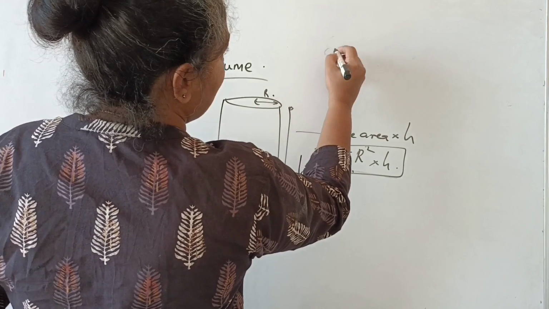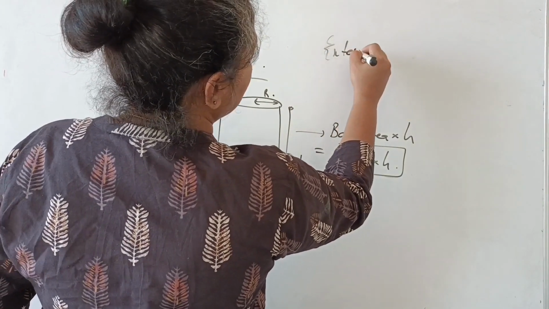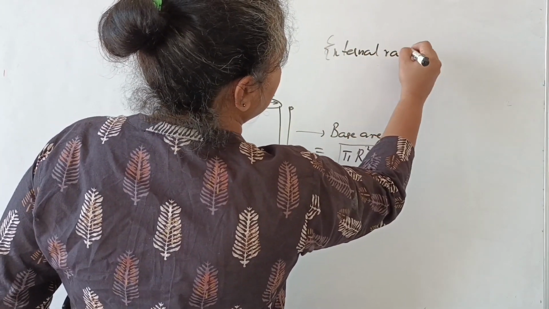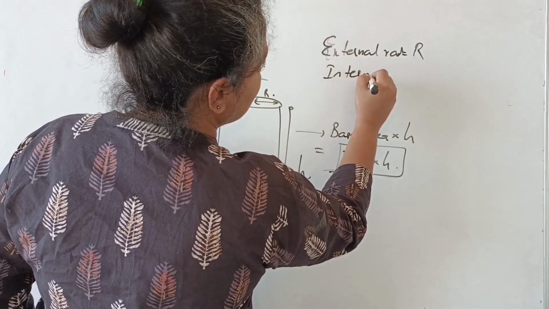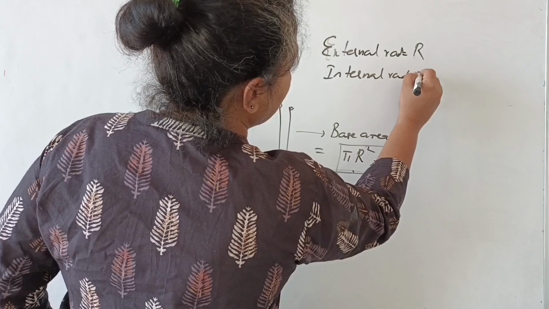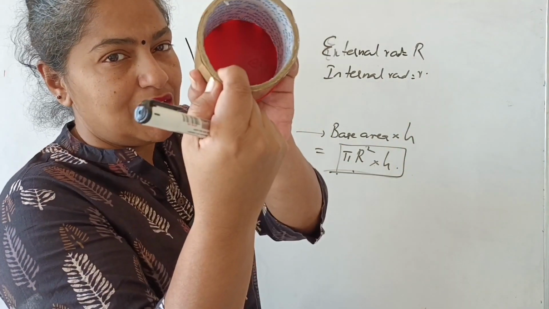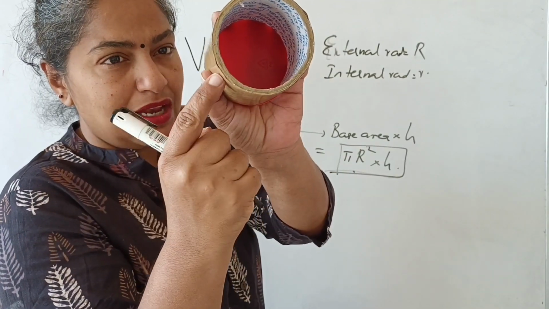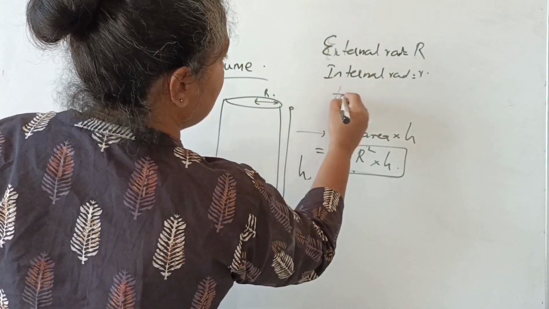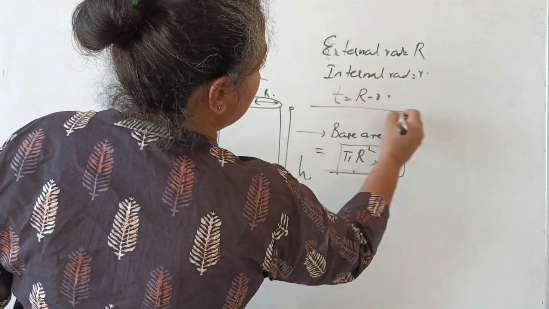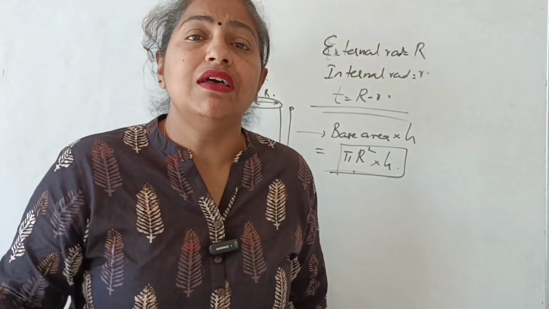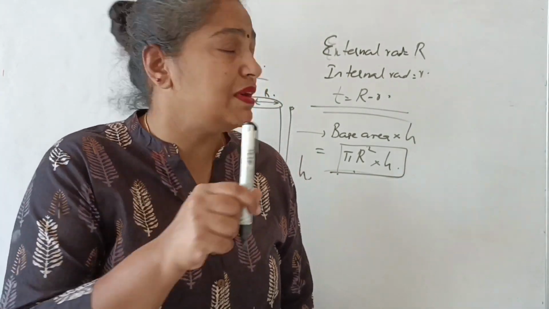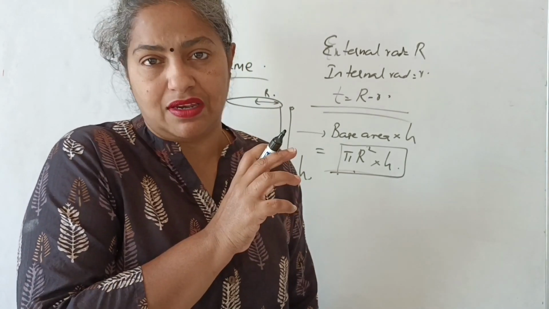So I have an external radius given by capital letter R, and I have an internal radius which is given by small letter r, and my thickness is the difference between the capital R and the small r. So my T is equal to R minus r. Now all these things we have already gone through when we were doing the surface area of a hollow cylinder, but still in case you have any doubts, please listen here.